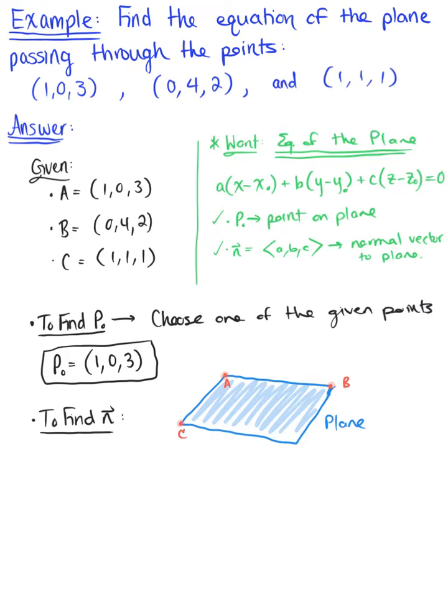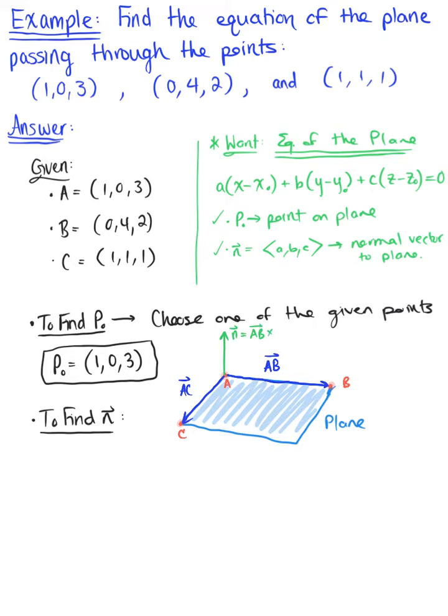So how can we find a normal vector using this? Well, let's recall, we can define 2 vectors that are parallel to the plane using these ordered triplets. So we can see that this vector here, AB, and this vector here, AC, are both parallel to the plane. Now, if we take the cross product of them, we're producing a vector that's normal to the plane.